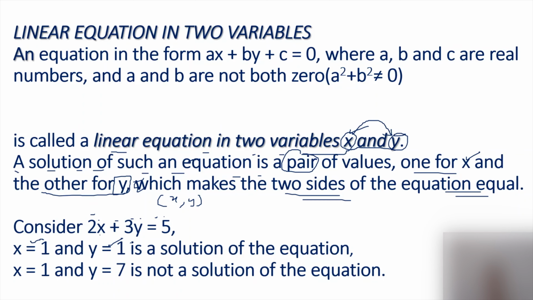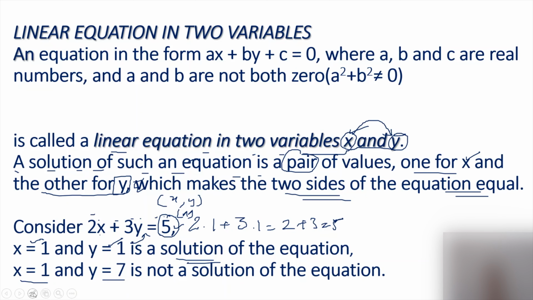If we put these values in the given equation, we get 2 into 1 plus 3 into 1, that is equal to 2 plus 3 is equal to 5. Left hand side is equal to right hand side. Therefore, x is equal to 1 and y is equal to 1 is the solution of the given equation. Now let us consider x is equal to 1 and y is equal to 7.